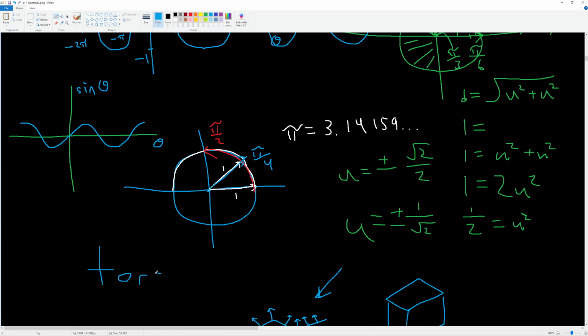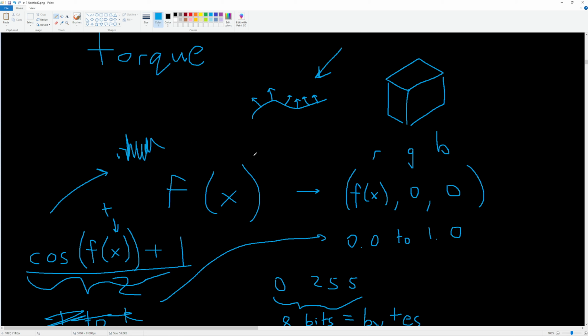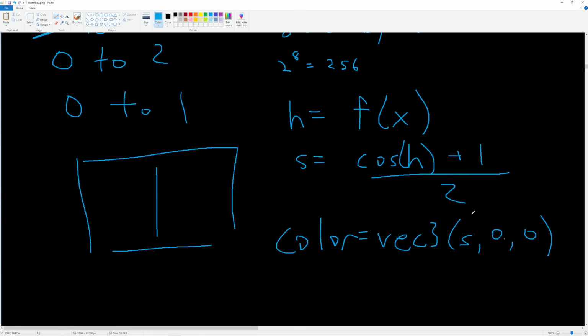Torque is like force, but for angular momentum. Or I guess maybe acceleration is the better analog. I have to check. I can't remember off the top of my head. So lots of other things to talk about.